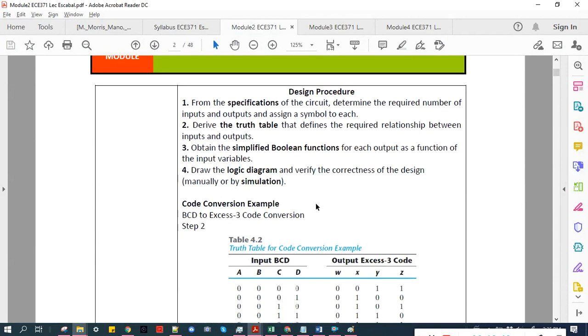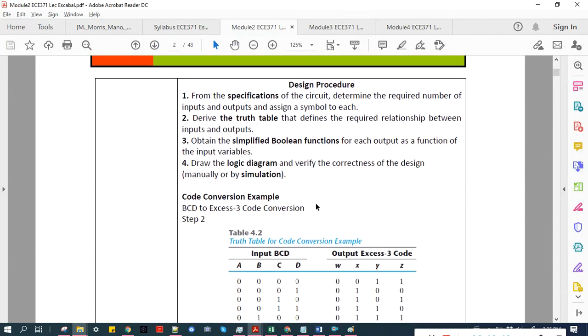Design procedure for combinational circuits. The first step is, from the specifications of the circuit, determine the required number of inputs and outputs and assign a symbol to each. So step one is the specifications.